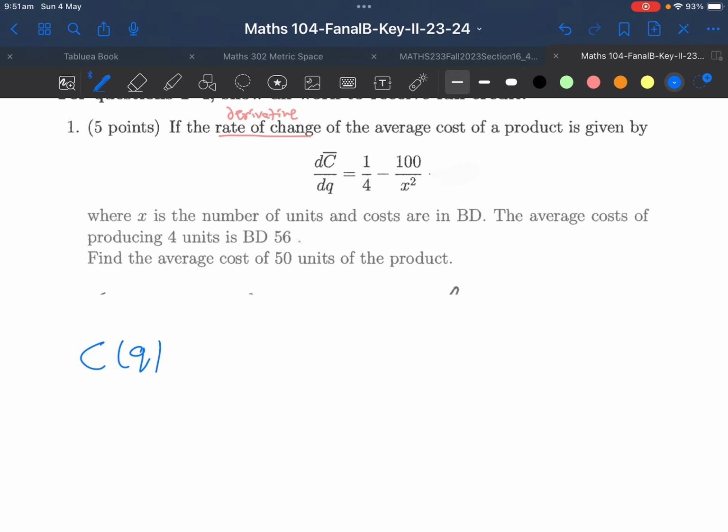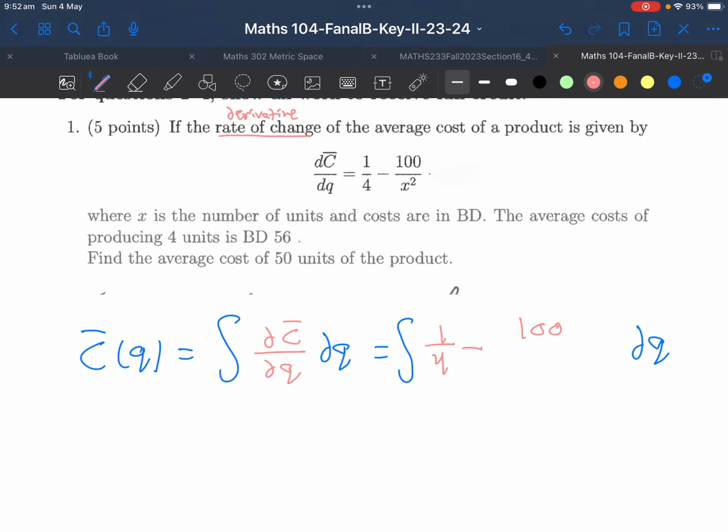C of Q, of course here the average cost, will be the integral of dC by dQ, which will be the integral of 1 over 4 minus 100 over x squared. Of course, this one I can just now change to x, because this is by mistake, there should be an x here.